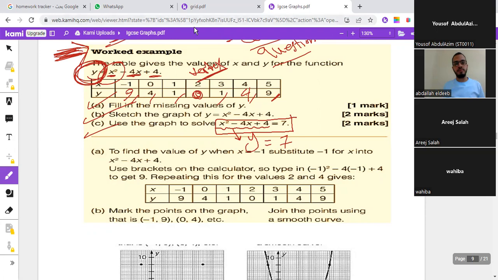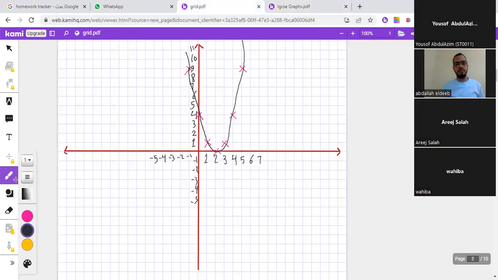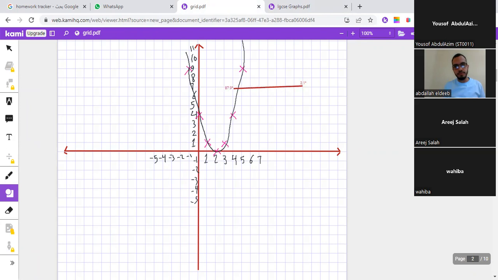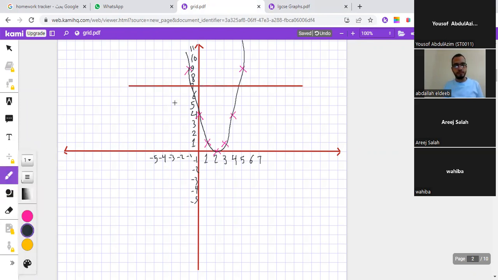From here, go to 7 and draw a horizontal line, like this. Here and here. Now, ask yourself, what are the intersection points?